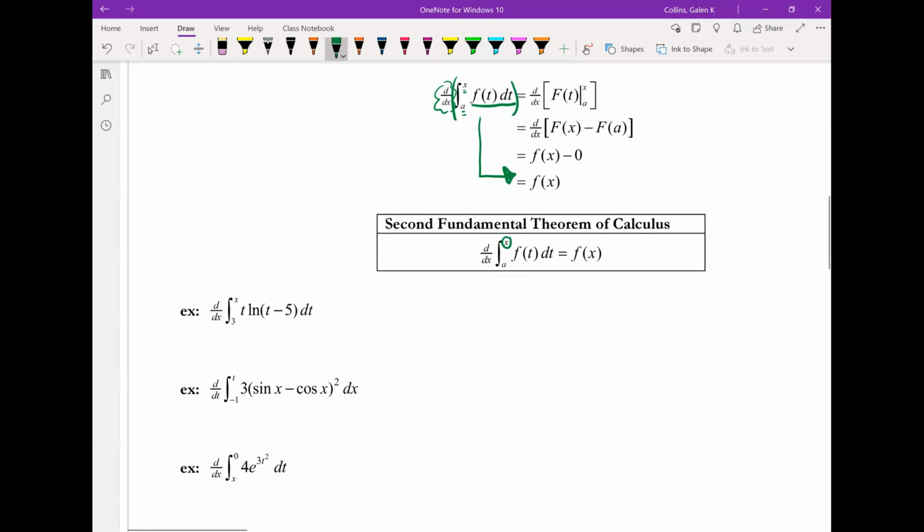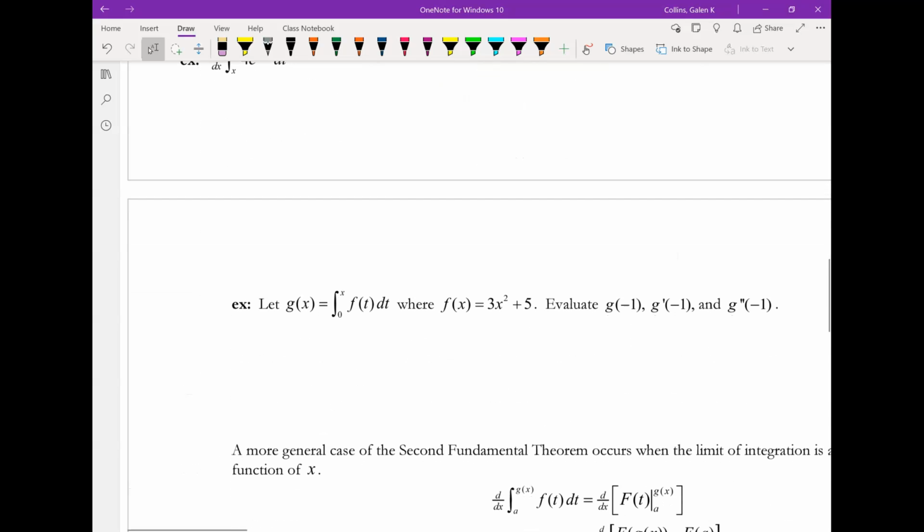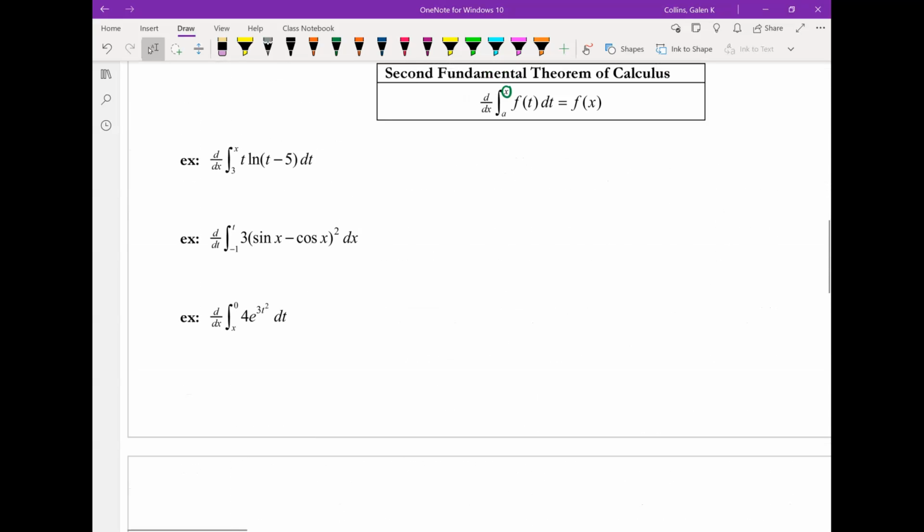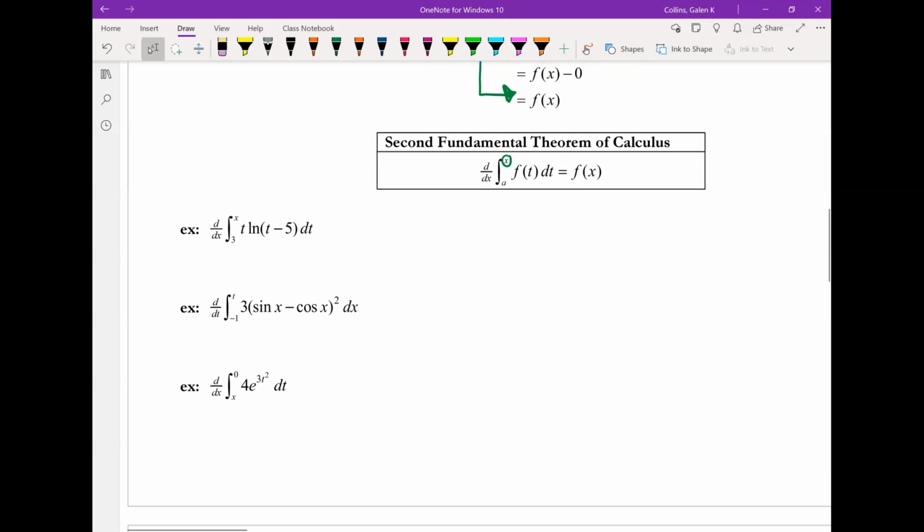Now we're going to see an example at some point of when it's not quite that simple. And that's going to come on the next page. So let's look at these simple ones. In this first example, I don't think we have to do a complicated antiderivative. We don't. We see that we've got a function.